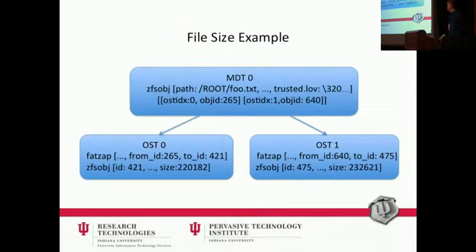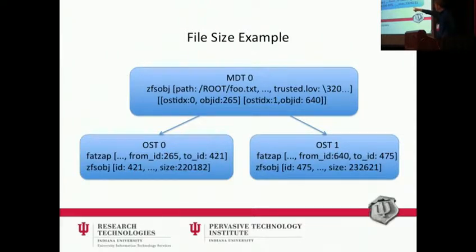To make this a little more concrete, let's say you're doing a dump of MDT 0. You've got a ZFS object, a Lustre file that's foo.txt with a trusted.lov like I was showing before. You decode that into its OST index and OST object ID pairs.